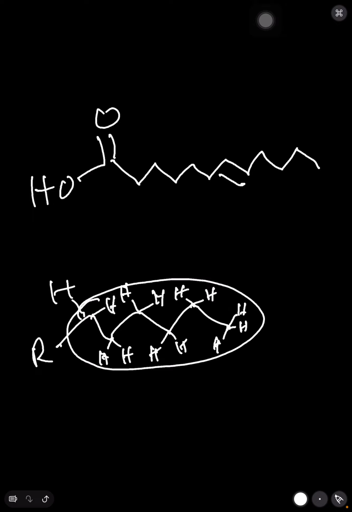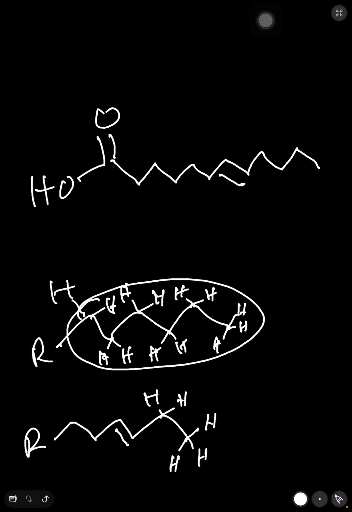Well, when you introduce a double bond, a pi bond, let's say we introduce one right here, right? Those 6 carbons don't have the maximum possible number of H's that they could hold anymore, because we've introduced this double bond right here.